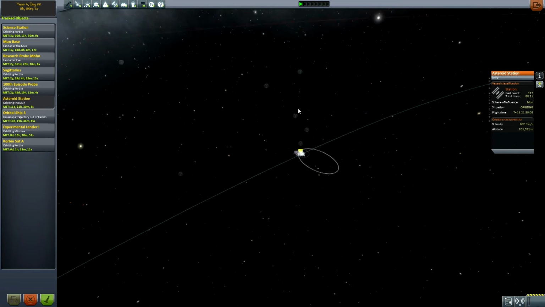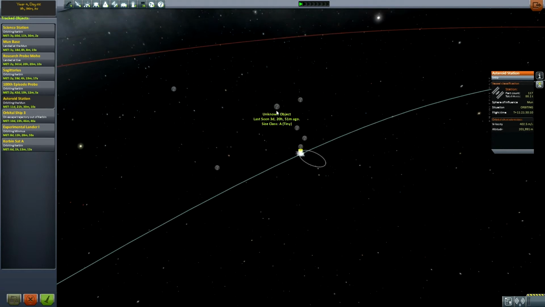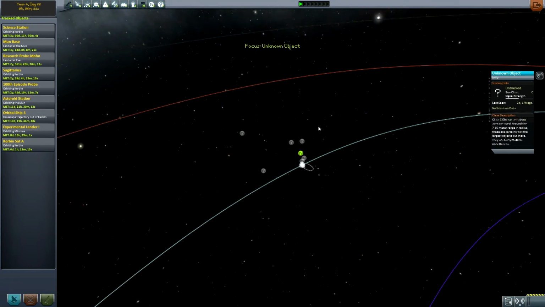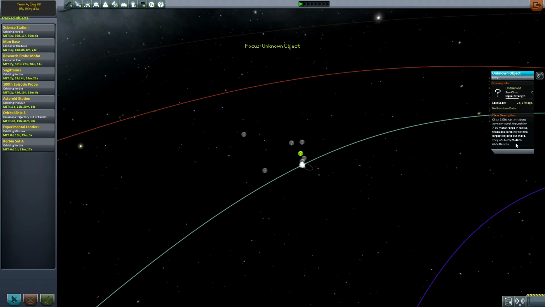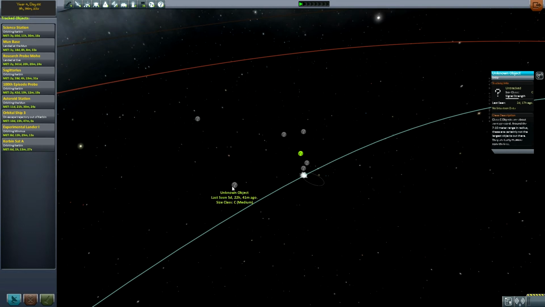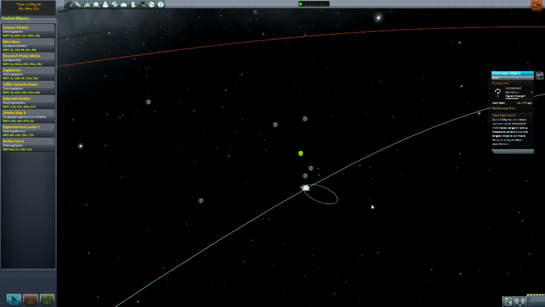Can we get some more? What do we have? B, A, C, C. Oh, it's just about the radius of the asteroid, so there's no information about its mass. Okay, A, C, C, A, B.